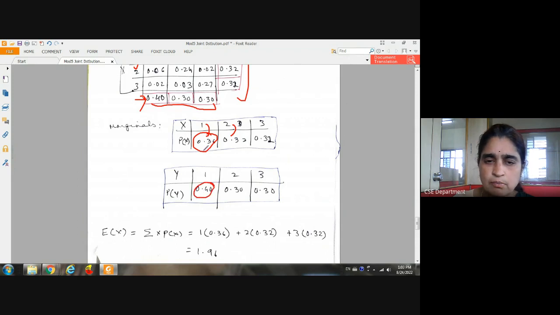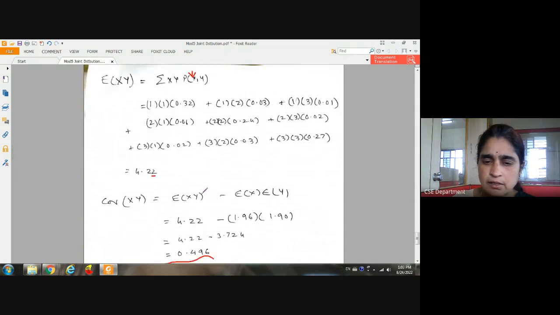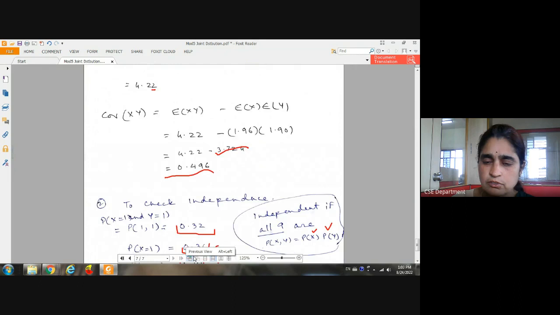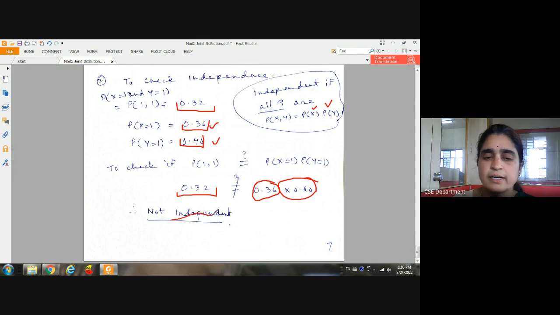If you take the product, it comes like this: 1.96 into 1.9. Okay, sorry. Probability x equal to 1 is 0.36, y equal to 1 is 0.40. The product of these is not equal to the one given in the cell. So it is not independent.